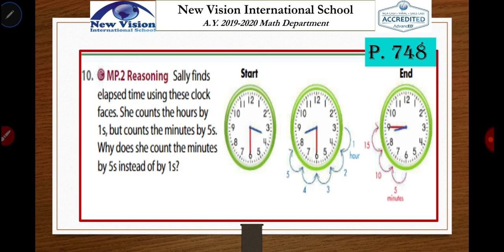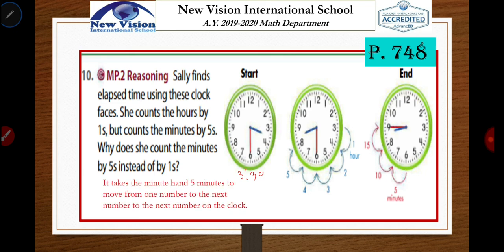Look at that. What's the start time? The start time is at 3:30. And the end time is at what? The end time is at 8:45. Okay, so we have here the question, why does she count the minutes by fives instead of by ones?